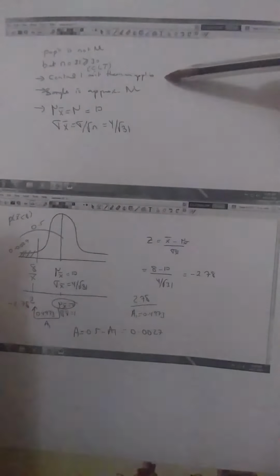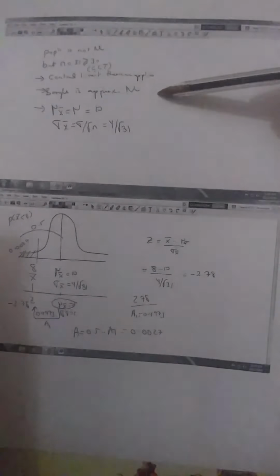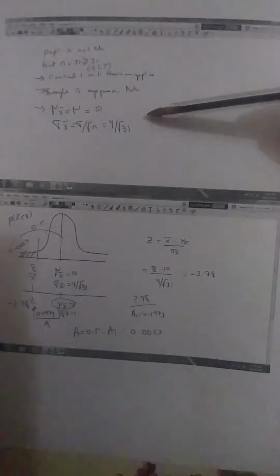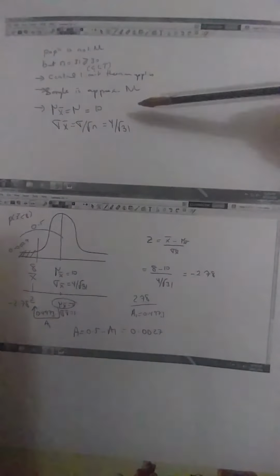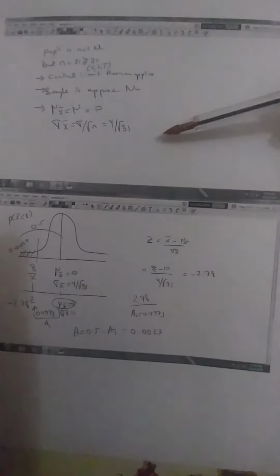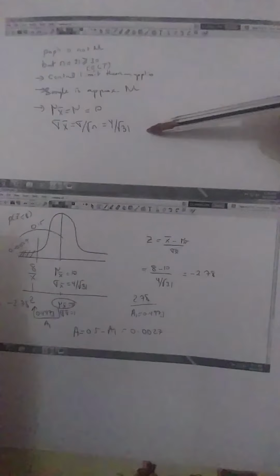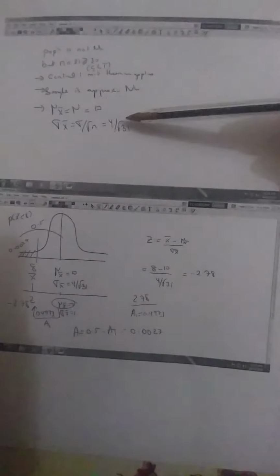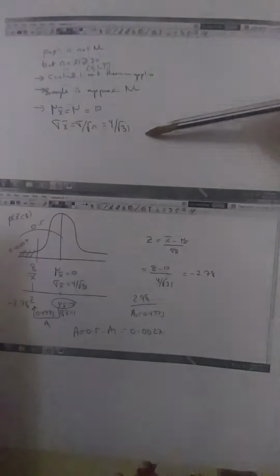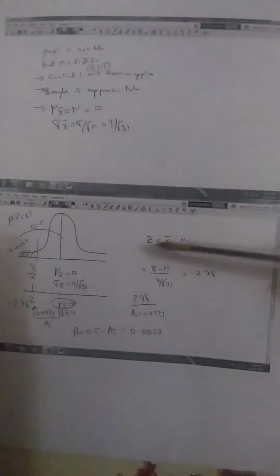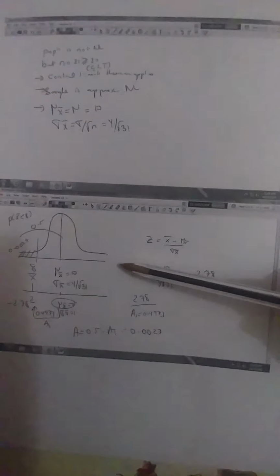So the central limit theorem applies, and the sample is approximately normal, and you're able to use mu of x bar equal to mu. You replace that by the value of mu, which is 10, and standard deviation of x bar is equal to standard deviation over square root of n, and you replace that by 4 over square root of 31. Again, you just draw your graph like you did in chapter 6.